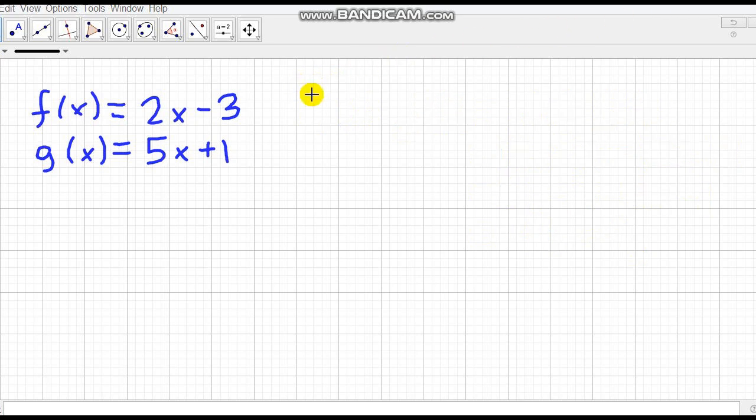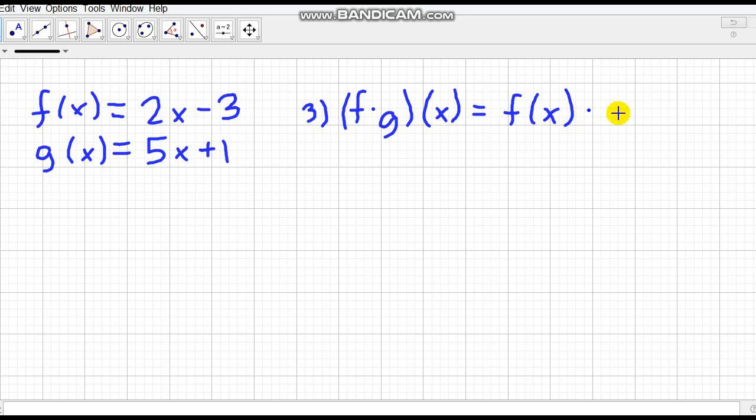For the third one, let's perform multiplication. So for number 3, let's have f times g of x, and this is equal to f of x times g of x.